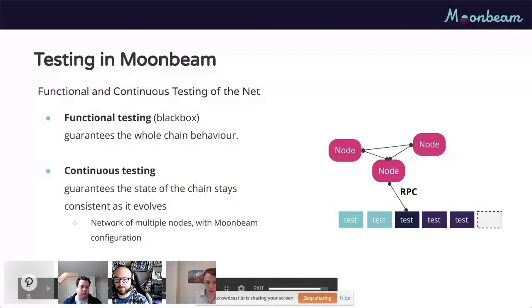And for that, we are working on testing a chain that is constantly running and which contains the same configuration that Moonbeam would have. The tests are basically similar to the functional ones, but they will be executed against a real chain that is running.